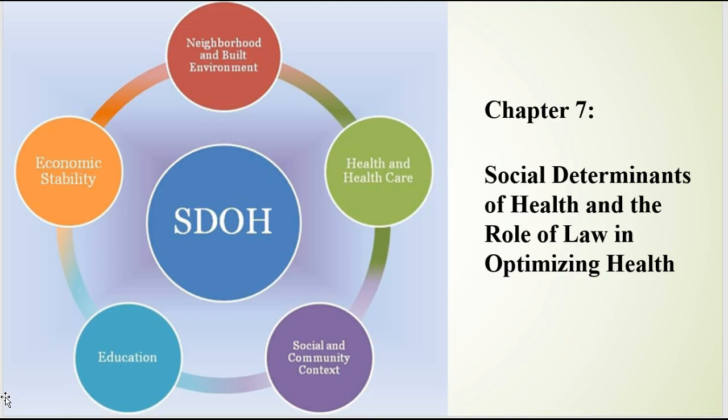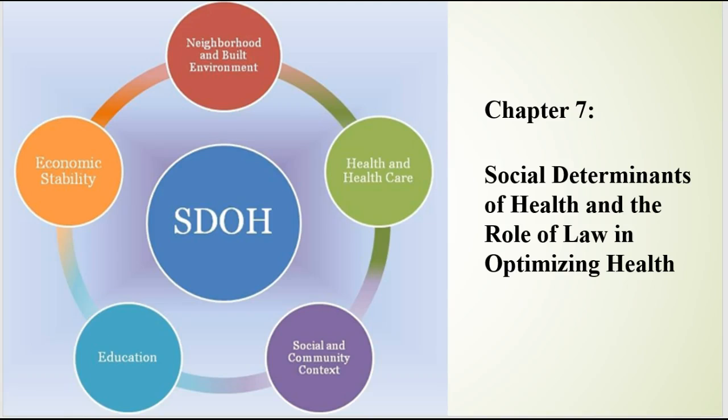While increasing access to healthcare and transforming the healthcare delivery system is very important, research demonstrates that improving population health and really achieving health equity requires broader approaches that address social, economic, and environmental factors that influence health.